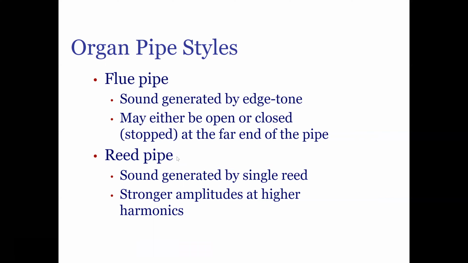The reed pipe organs tend to be a lot brighter than the flue pipe organs. And Toccata and Fugue, if you're not familiar, is the Phantom of the Opera piece that he plays on the pipe organ.